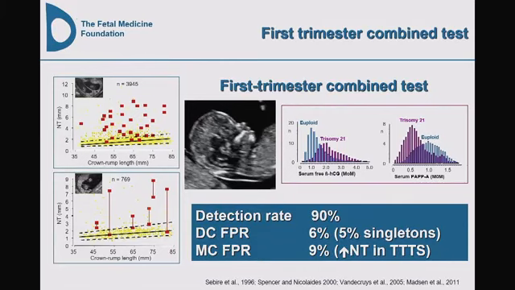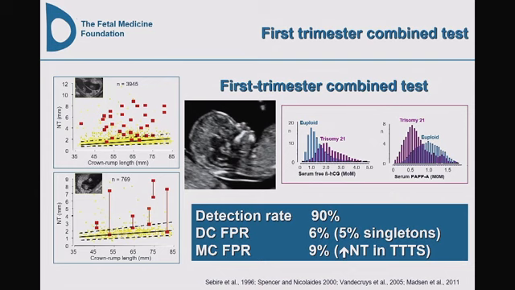And now you ask me, is it the same detection rate as in a singleton pregnancy? Well, in dichorionic twins, for the same detection rate of 90%, we have a 6% false positive rate, compared with 5% for singletons. In monochorionic twins, for the same detection rate of 90%, we have a slightly higher false positive rate of about 9%.